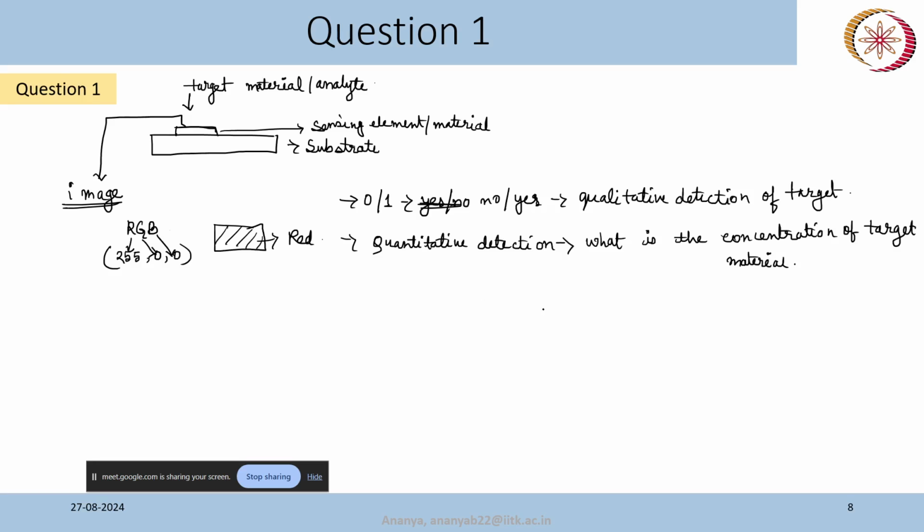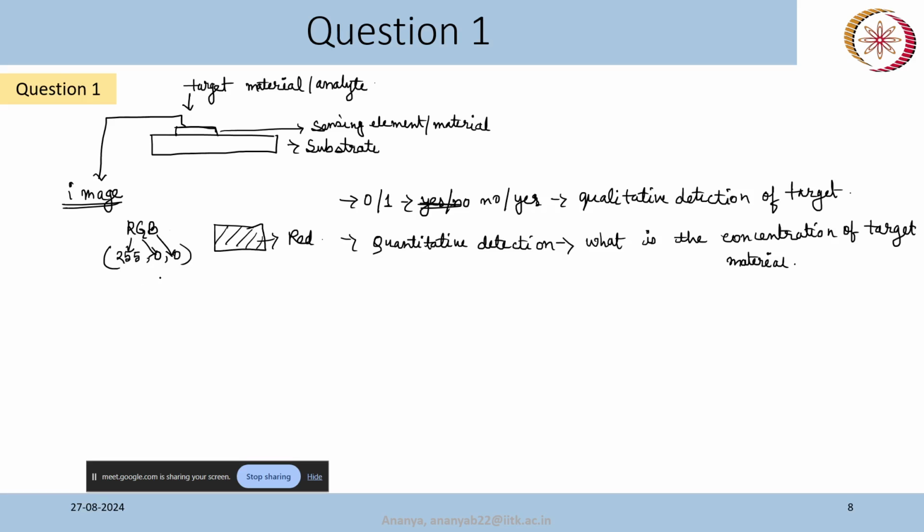Now see how you will get the concentration. If the target material is present, the R value will be non-zero for the R component.